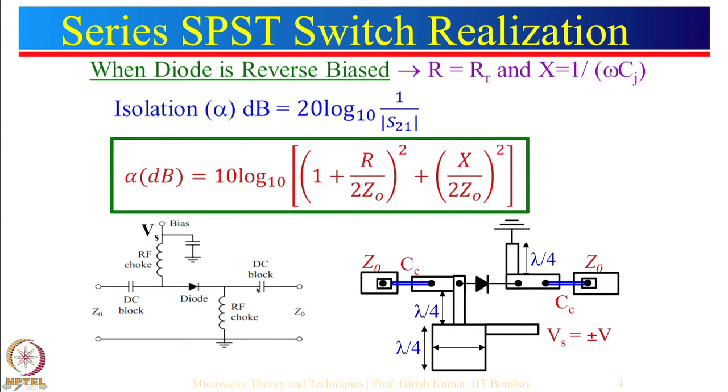We need a coupling capacitor here to block the DC voltage from going to the input side or towards the output side. These are also known as coupling capacitors or DC block capacitors, and the typical value of these capacitances again should be at least 1/10 of this particular impedance here.